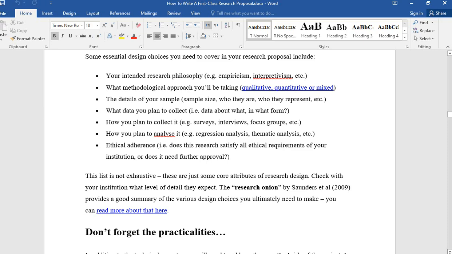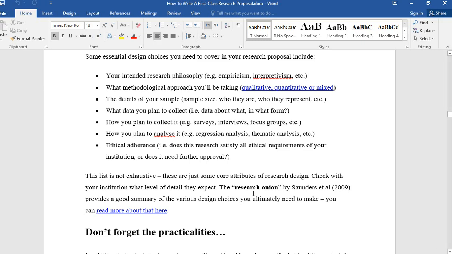The other subheading would be the participants. The other subheadings would be instrumentation or instruments. The other subheading would be procedure, and procedure can be divided into procedure of data collection and procedure of data analysis, and the like.